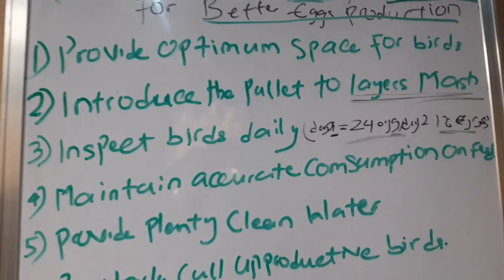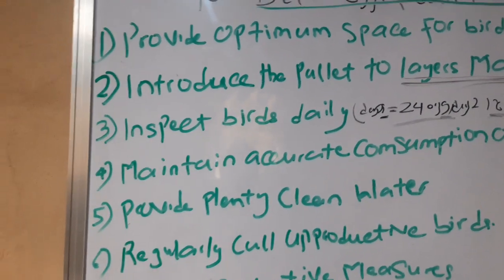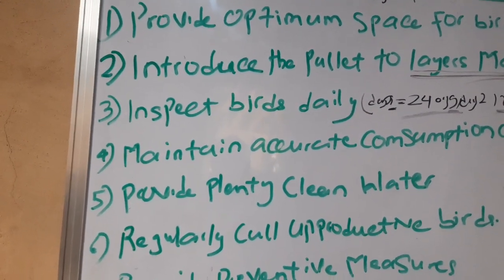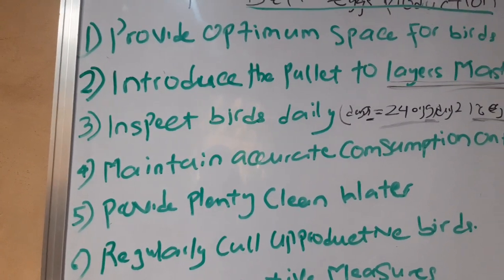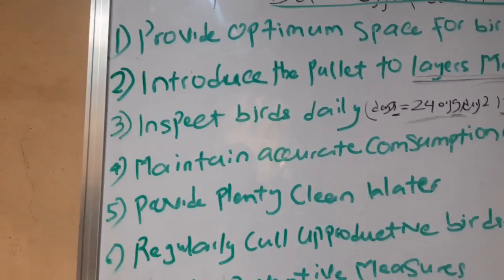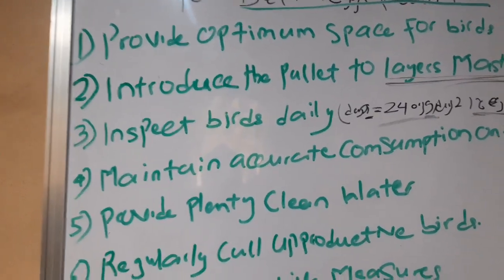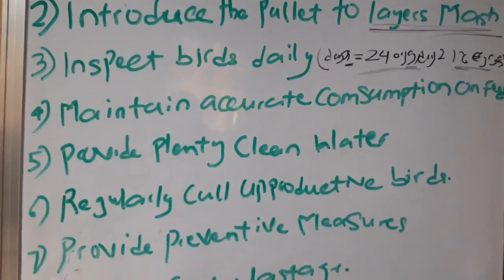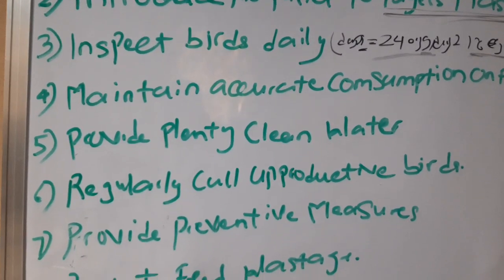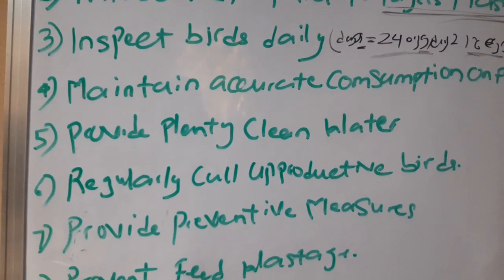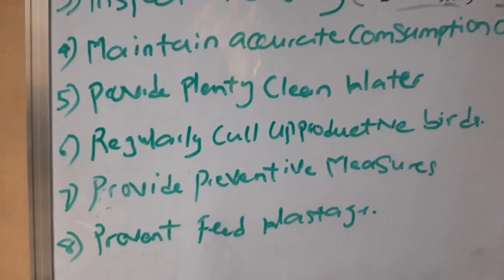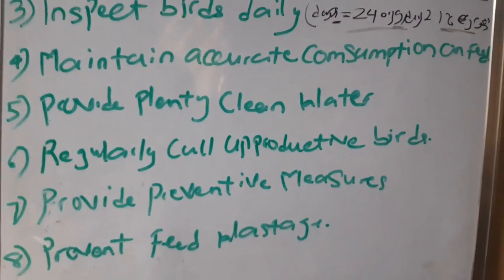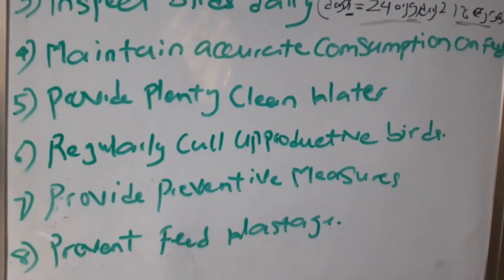The next one is to maintain accurate records of feed consumption. In this aspect of feed you have to be very careful, because we all know that 70% of the total expenses is from feed.